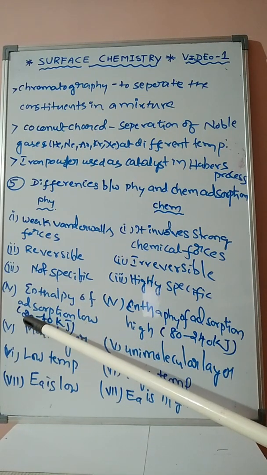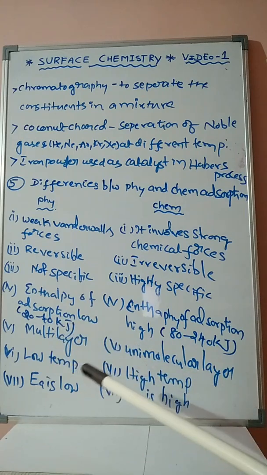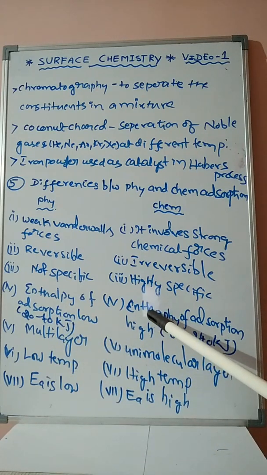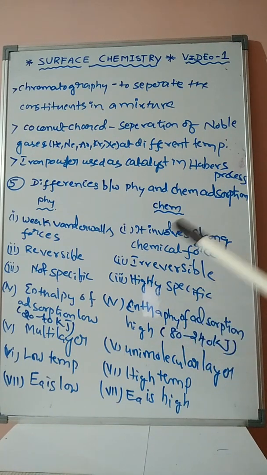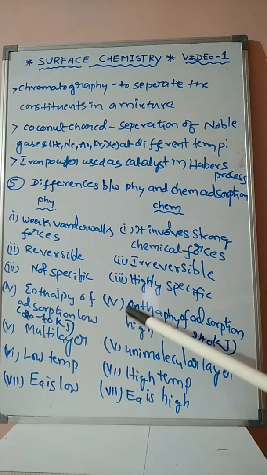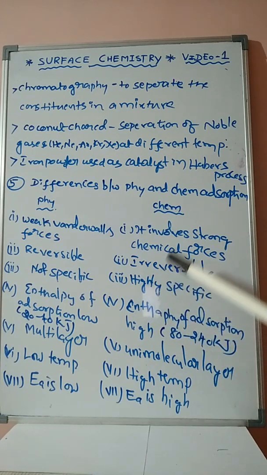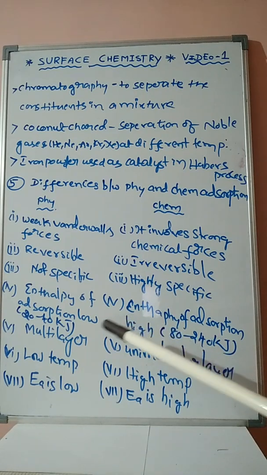That is only 20 to 40 kilojoules. Whereas in chemical adsorption, enthalpy of adsorption is high, that is 80 to 240 kilojoules. Here, strong chemical forces are present, hence more energy is liberated.